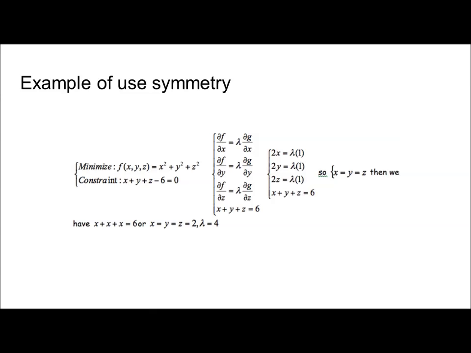Once we do this, we see that 2x equals lambda, 2y equals lambda and 2z equals lambda. Therefore, x, y, and z are equal. Substitute this into the constraint x plus y plus z equals 6, and we find that x, y, and z equal 2, while lambda is equal to 4. Plugging this back into our original equation will obtain our minimum value, which is 12.